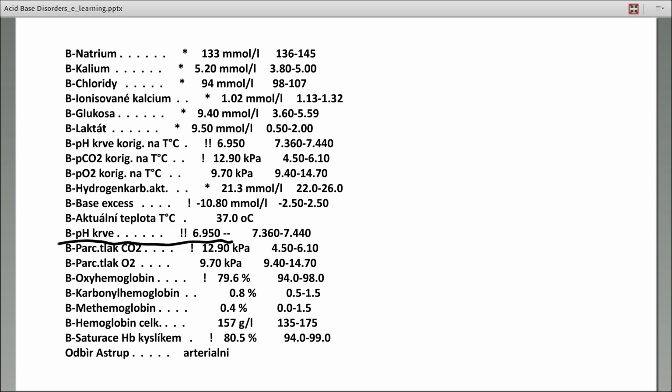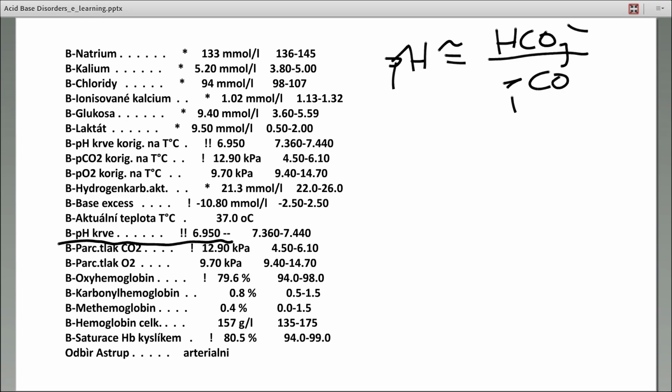Then we look at the PCO2, going on with this equation: bicarbonate, PCO2. So we have a low pH. Then we look at the partial pressure of CO2, which is high. That makes sense. High PCO2 can produce low pH.